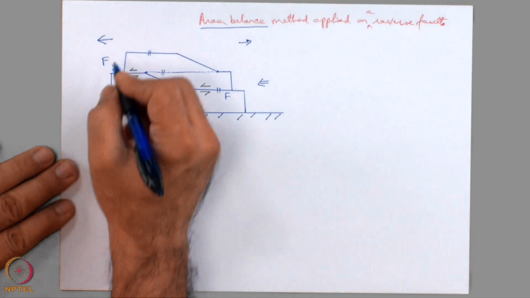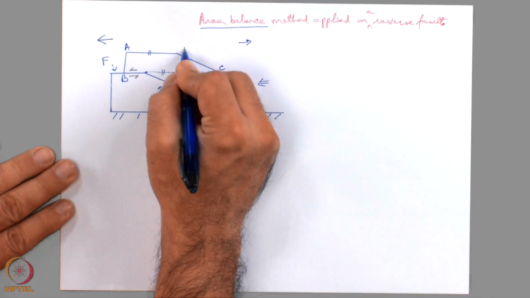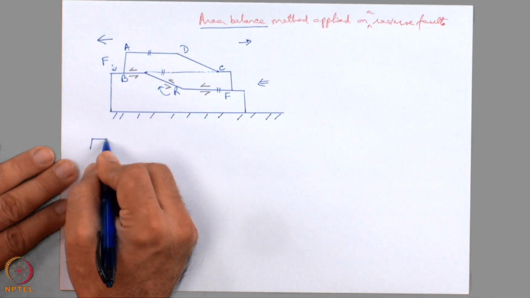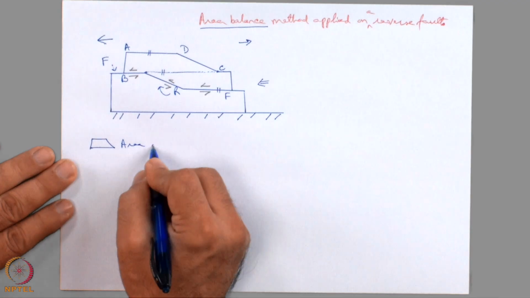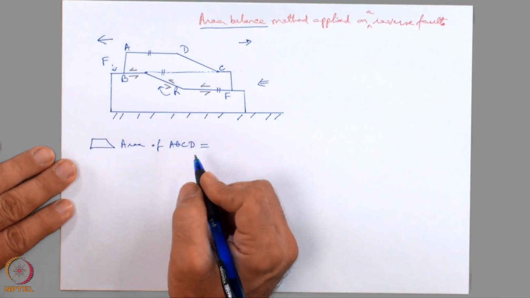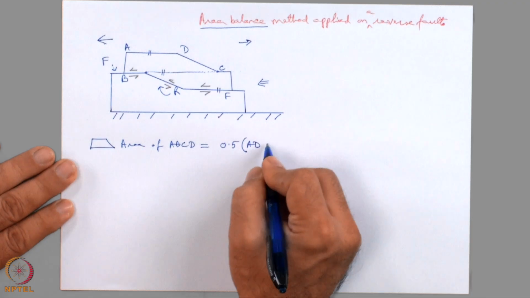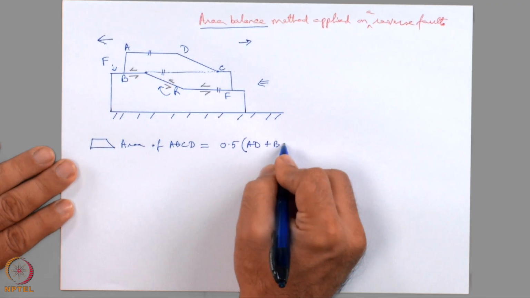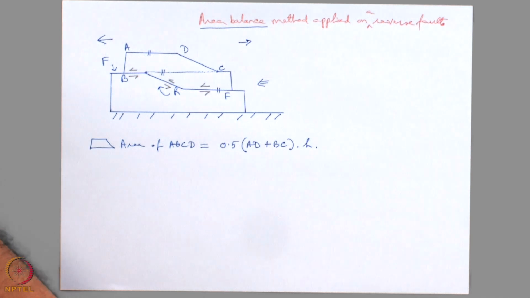Now we can see a trapezoid formed A, B, C and D, and we want to find out the area of this trapezoid. Let us apply the formula. It is equal to half AD plus BC multiplied by small h.